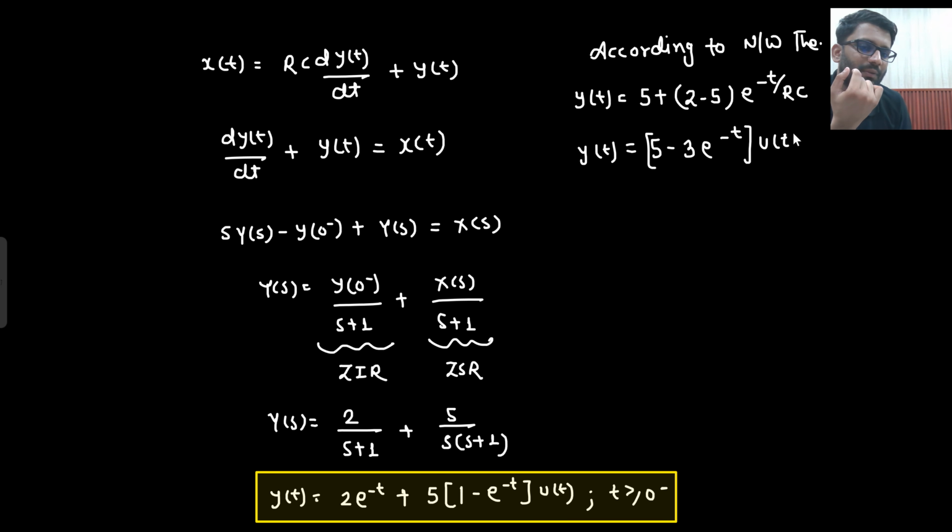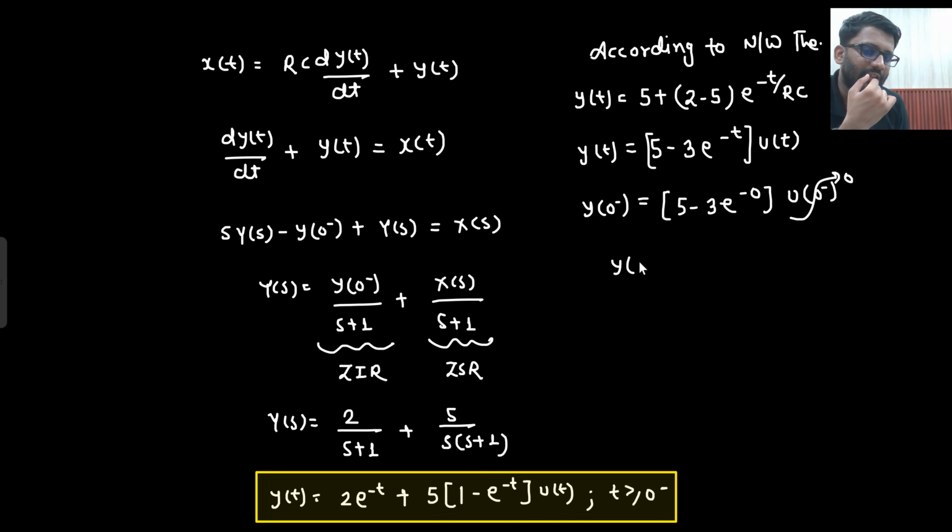Actually this expression was wrong, because if someone asks you from here, what is the value of y of 0 minus? You will say, sir, 5 e to the power here 0 minus u of 0 minus. What is the value of u of 0 minus? 0 only. So from this particular expression, what you are getting? 0. So how was this correct? This was actually wrong. But still we used to write down, and we did all the calculation, we were getting the correct answer. Why is that so?